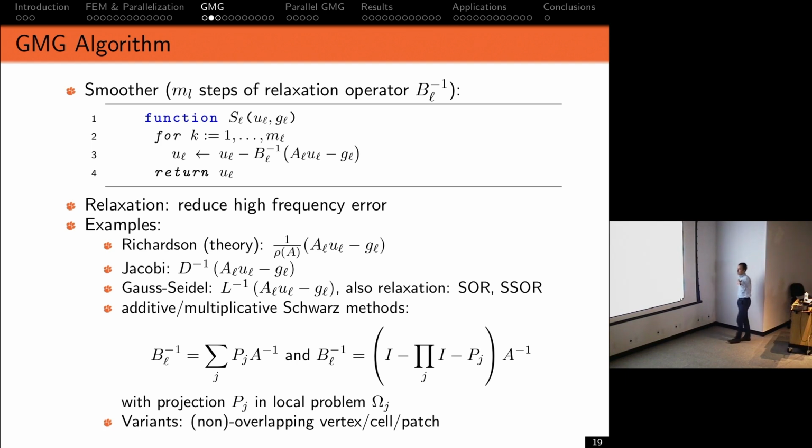I think what's typically done is something like Gauss-Seidel methods, or the whole theory of Schwarz methods, where you decompose your operations as a collection of smaller problems. This can be cells, patches, or any kind of local problem, and you can either additively or multiplicatively combine them. Okay?